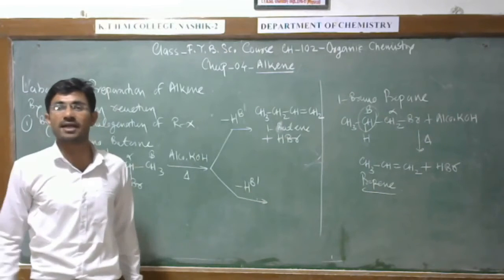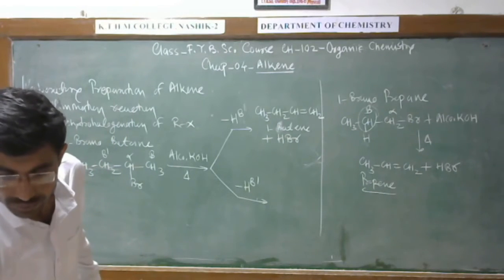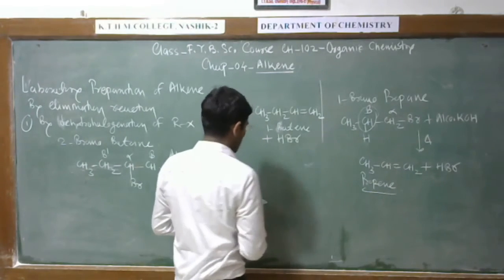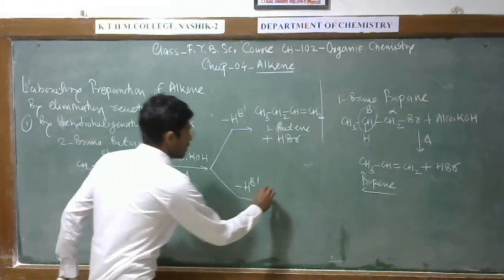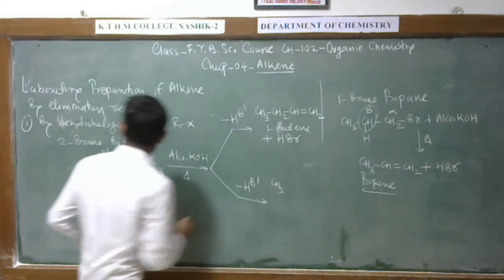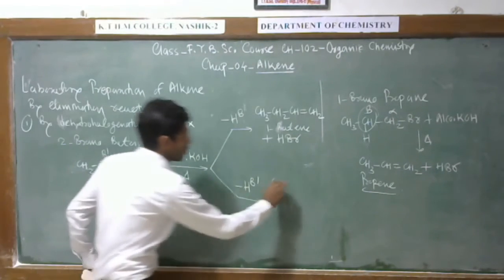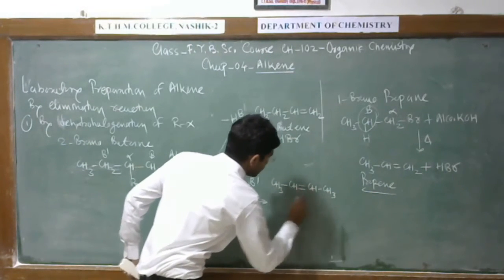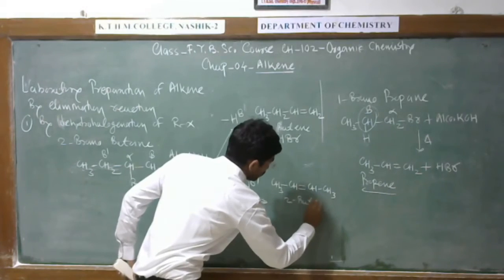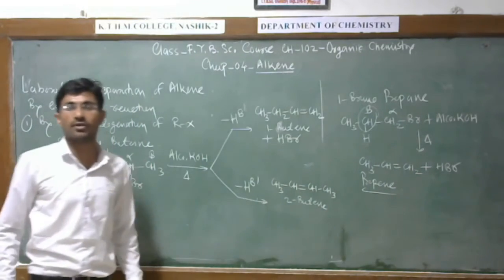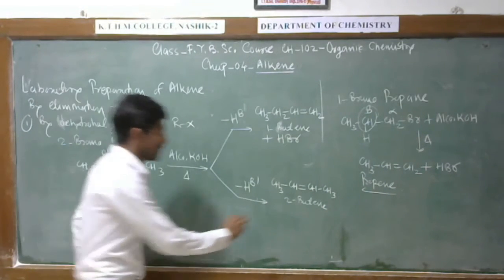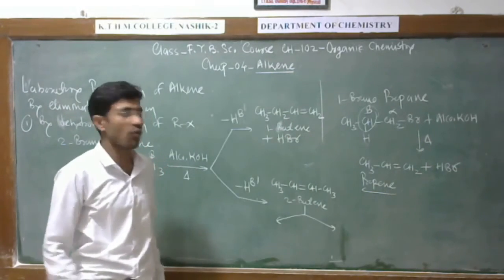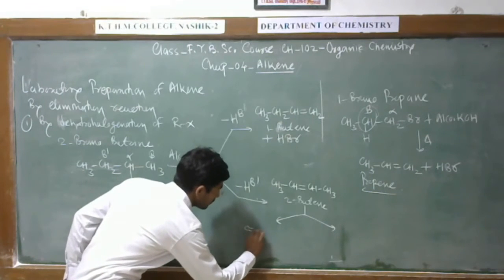Loss of the Hb dash hydrogen forms 2-butene. 2-butene exists in two forms, that is cis and trans.